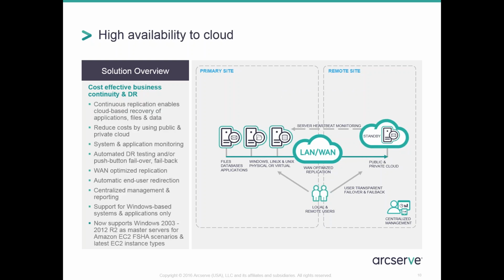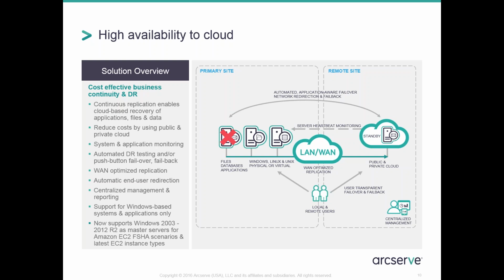And then somebody asked me about cloud, and yeah, we provide high availability to the cloud. In this case, we support Amazon environments. So this is for high availability with AWS, and I think it's one of the unique capabilities that we offer here, because you can essentially have, with your Amazon instances, your high availability solution failing over automatically to your Amazon environment.